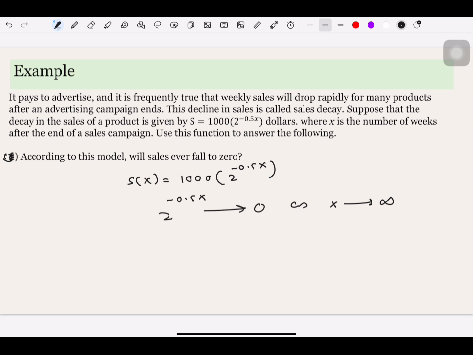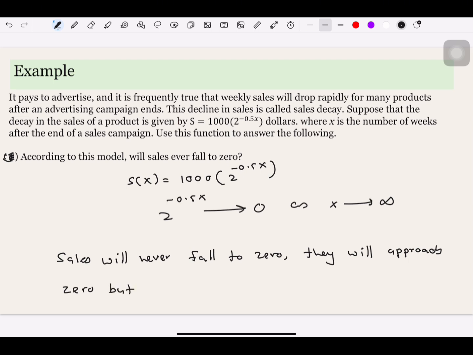So you can write your answer as: sales will never fall to zero. They will approach zero but never reach it. You can confirm that if you sketch this function.